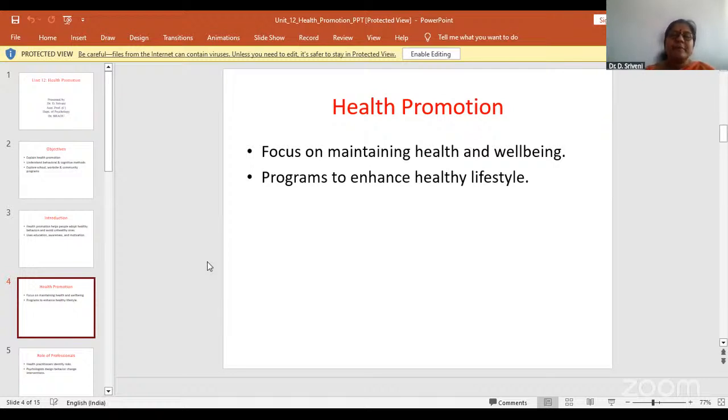So the determinants of health: it is vital to explain that health promotion is not merely about providing information, it is about understanding the underlying determinants that lead to behavioral change. These determinants are, in inverted commas, why we are following behind an individual's decision to follow health enhancing behavior rather than health compromising ones.